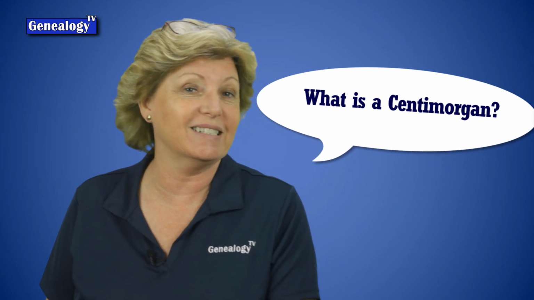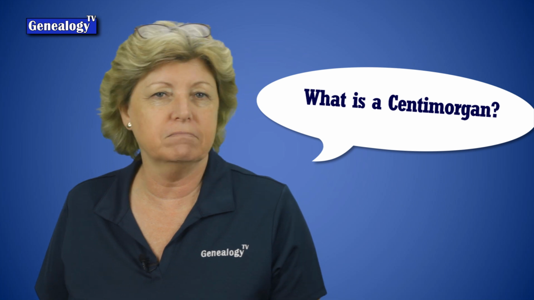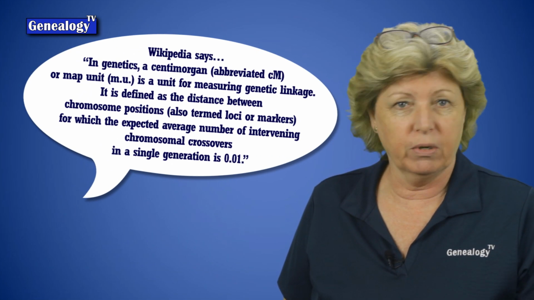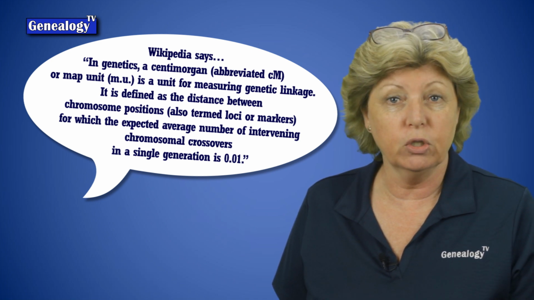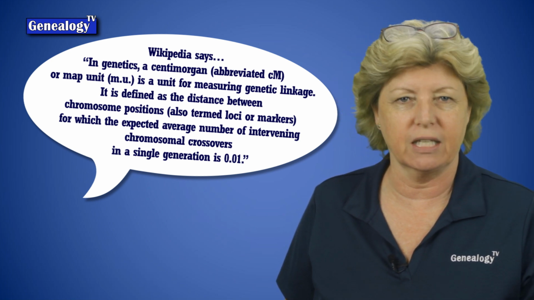Okay, so what is a centimorgan? Well, here's what Wikipedia said when I was doing the homework on this. In genetics, a centimorgan, abbreviated as cM, or map unit, MU, is a unit of measuring genetic linkage.